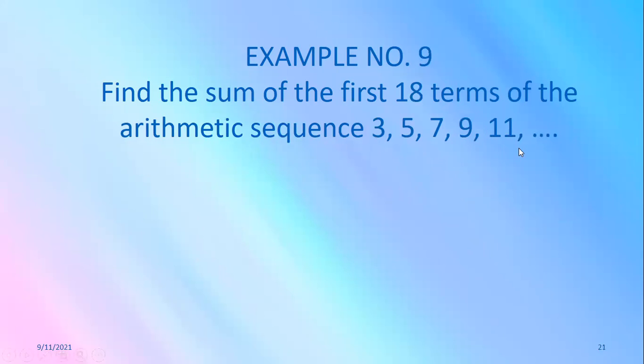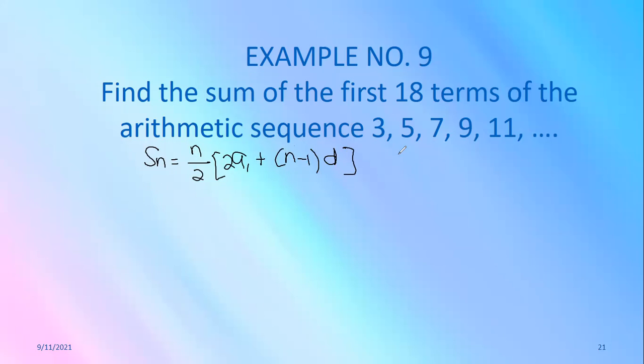Oh, pag ganito, sum daw ng 18 terms of arithmetic sequence. Same pa rin ang procedure na gagamitin natin. So, same formula, S sub n, n over 2 multiplied by 2 a sub 1 plus n minus 1 multiplied by the common difference d. So, yun ang gagamitin natin formula.